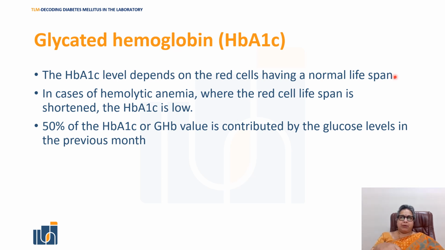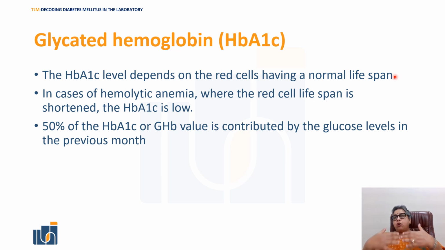Where I'm coming to is that today when I come to see my diabetologist, my fasting may be normal, my postprandial may be normal, but my HbA1c level may be high. Because the HbA1c level is not based on what I'm eating today or how much medication I've taken today, but on what my average glucose level has been over the last 3 months.